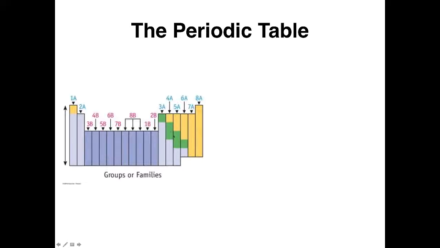You notice here green is the metalloids, yellow or kind of yellow looking is the nonmetals, and then everything else here is metals. Now across here is what we've called the transition elements.